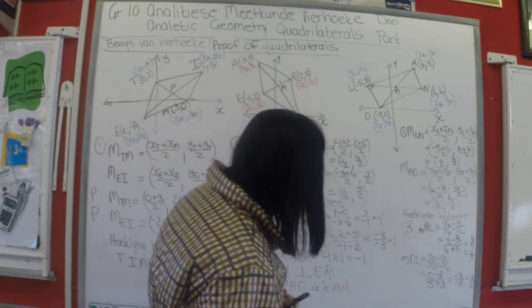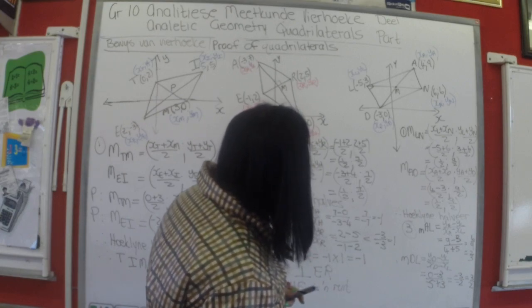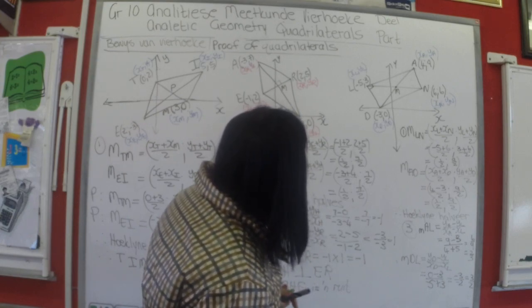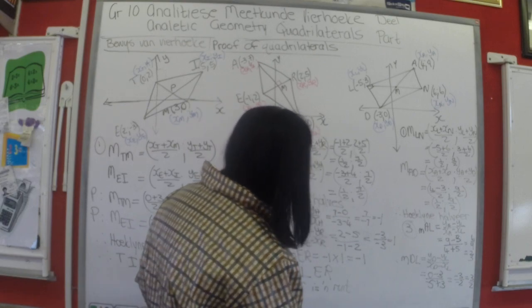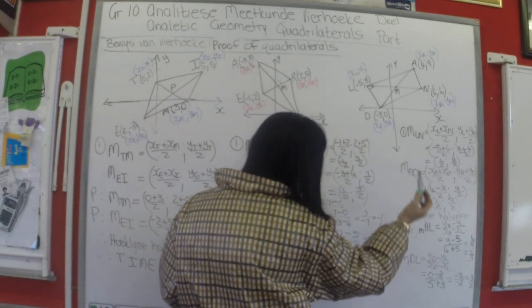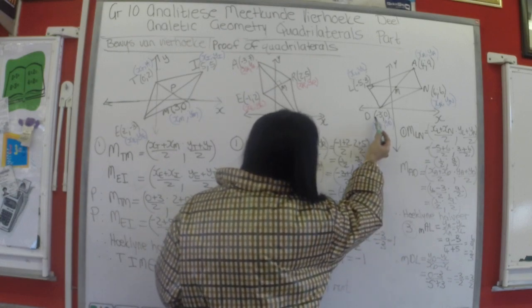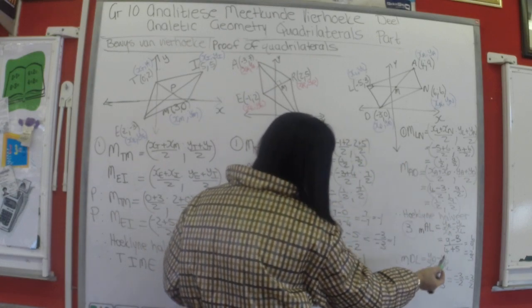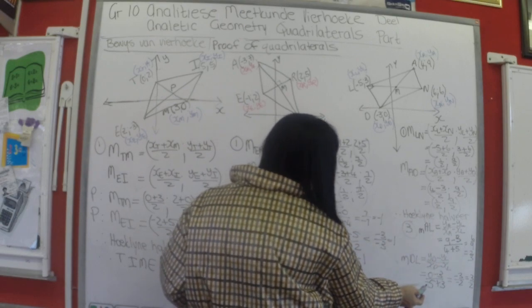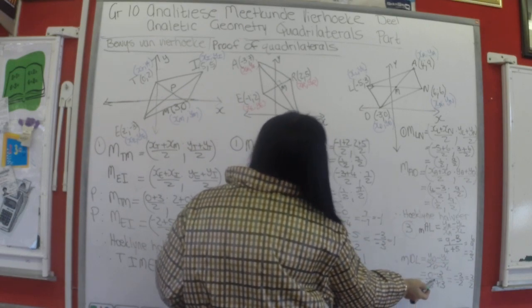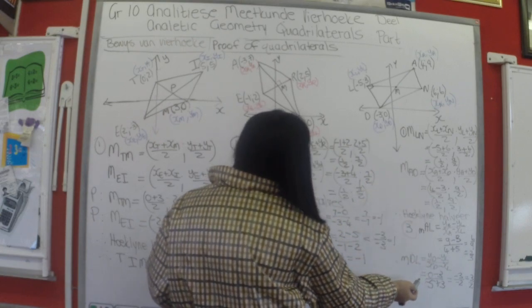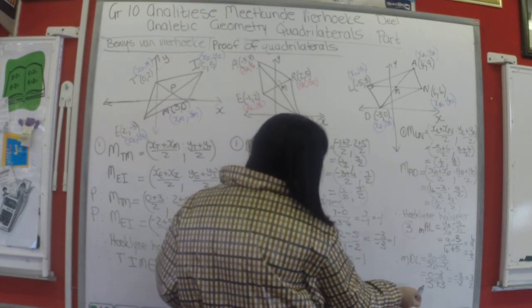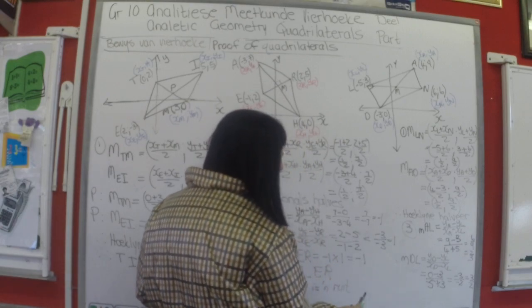Ek het gradiënt van AL. Let me just quickly check this out. Ek het m van D is die verandering in y, dis minus 3 minus 5 plus 3, that's correct. Kom ons kyk net weer.